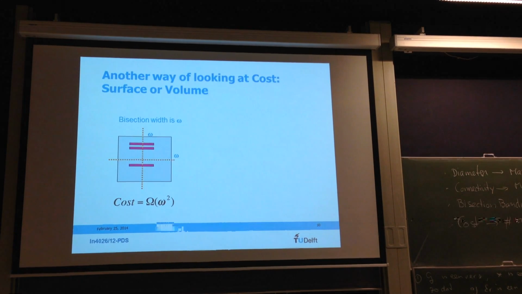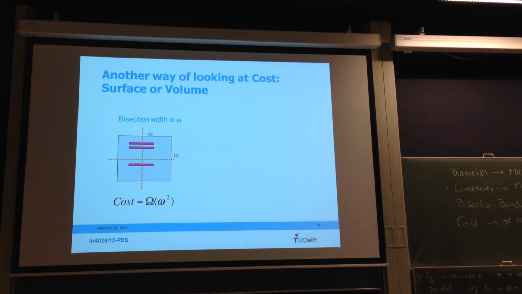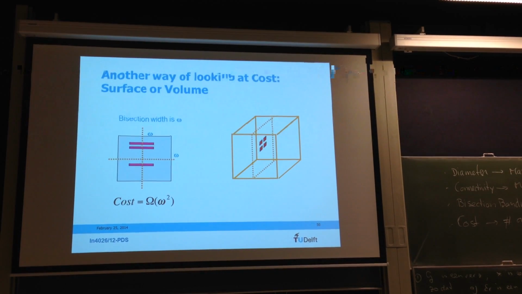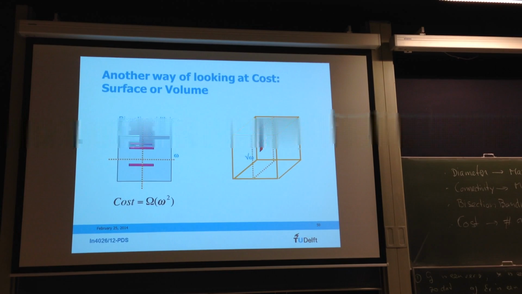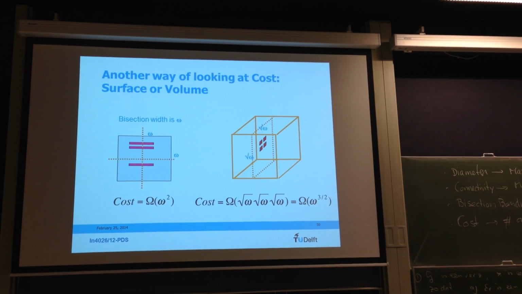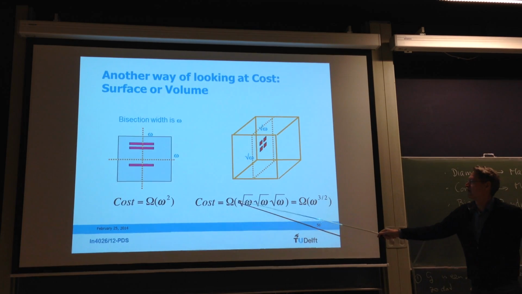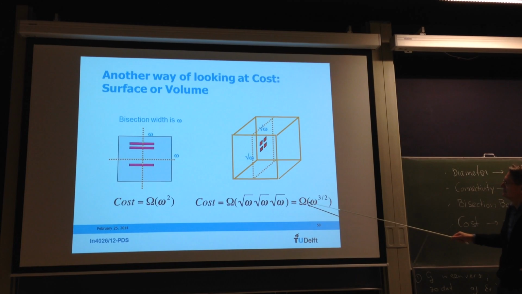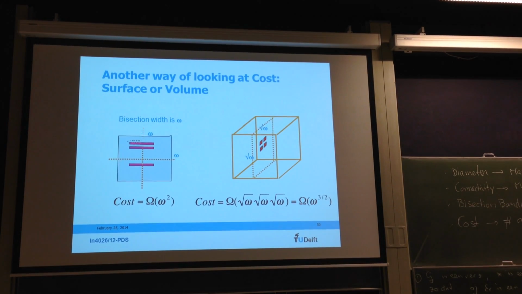And you can extend this argument even for cubes, where you have the wires coming like that, and then the cost is lower bounded by the square root of omega times the square root of omega. Whatever it's worth, right? So it's a different flow of arguments. Just to show you that you can also look at it in a different way.